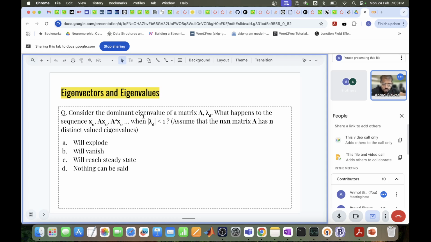Then you can assume that this n cross n matrix A has n distinct eigenvalues, which brings in all of those other nice properties, which means the eigenvectors form a basis, a linearly independent set and all that stuff.